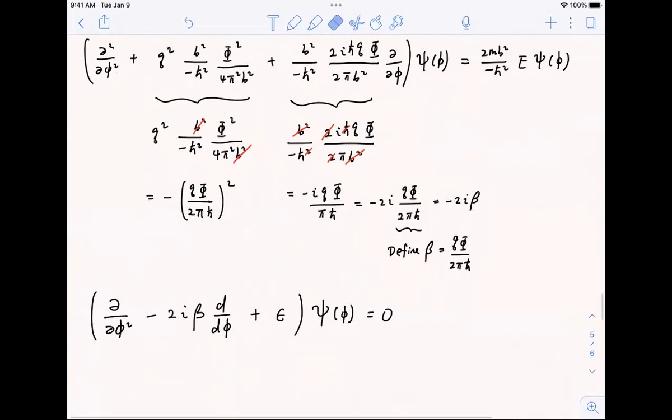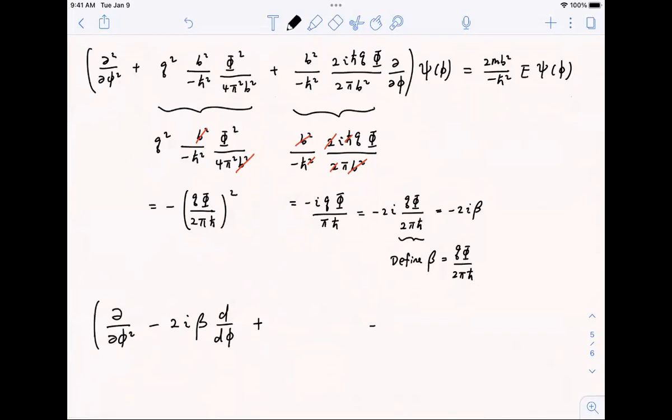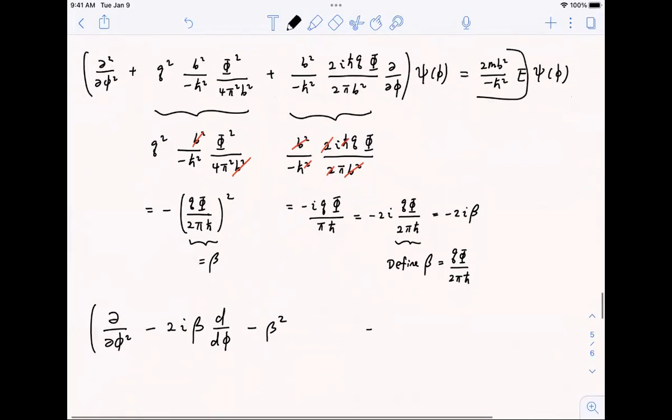Let me see. Let's add one more step. 2i this. And this is also beta. This is also beta. So this will be negative beta square. And then this thing equal to this thing.